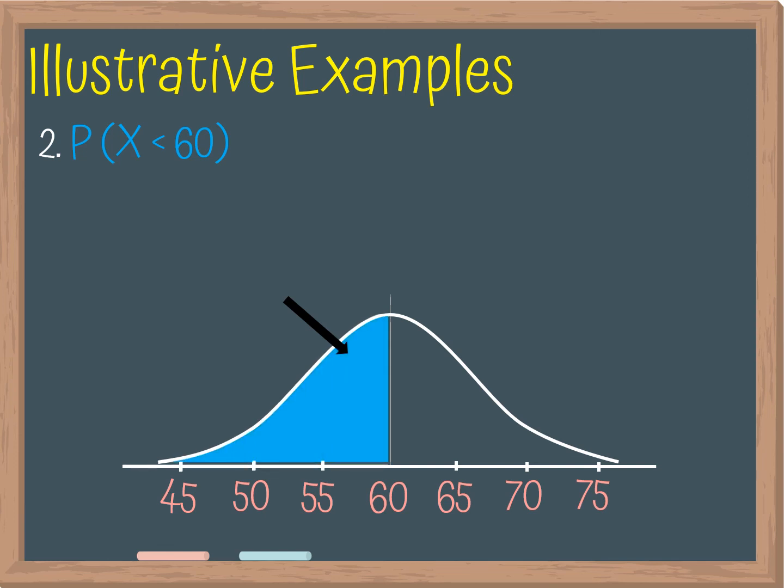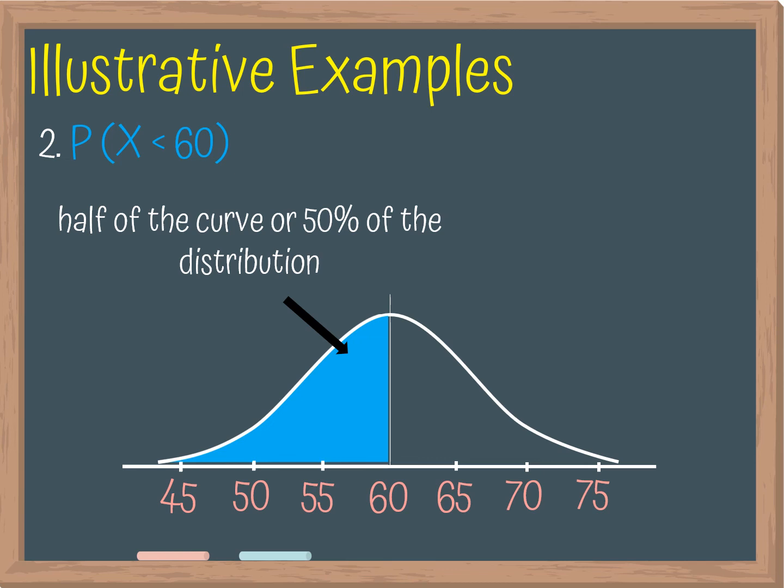By looking at our example here, we can see that we are dealing with half of the curve. So we can easily say that this one will be 50% of the distribution, or that will be 0.5.